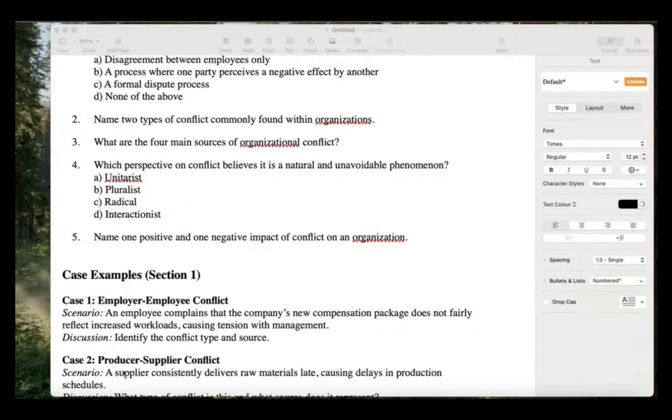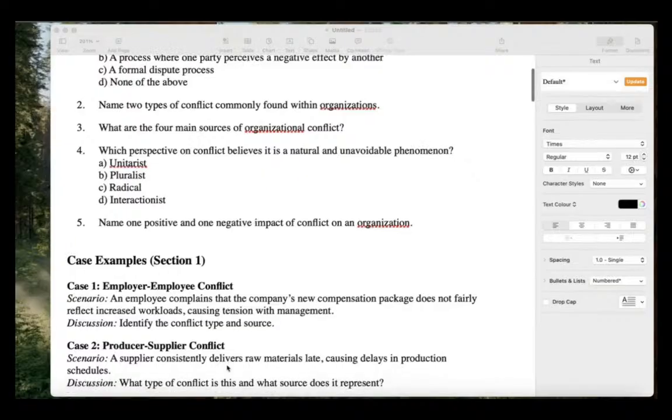We have case two here, which is the producer and supplier conflict. Suppose there is a supplier consistently delivering raw materials late, causing delays in production schedules. Let's have a little discussion about what type of conflict it is, which I think is clear from this.